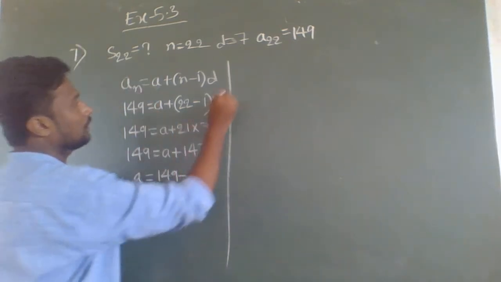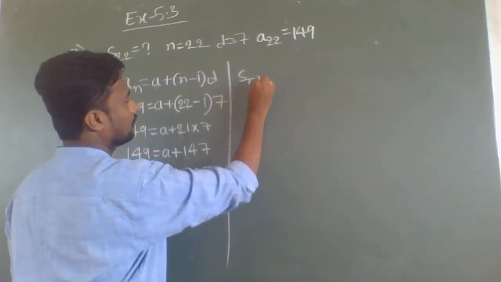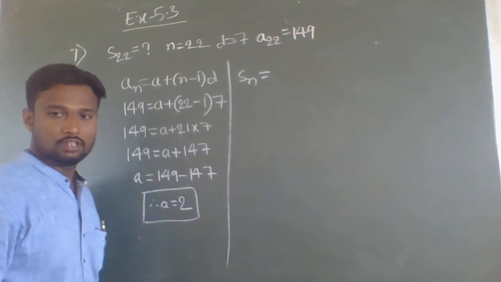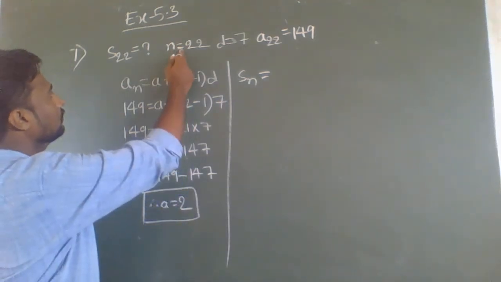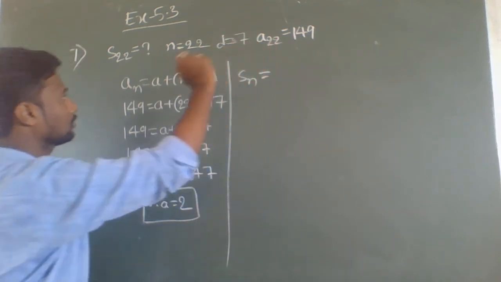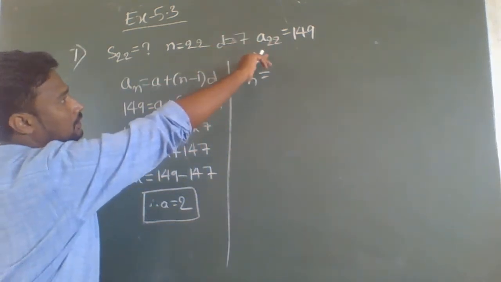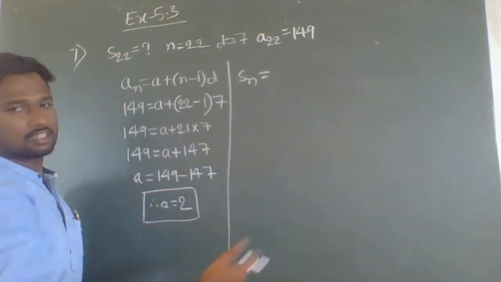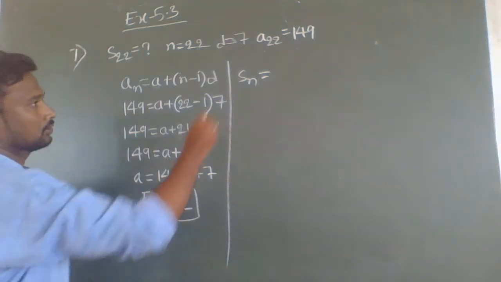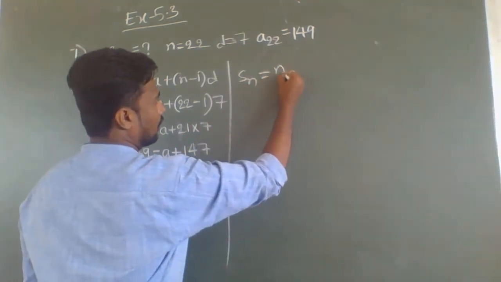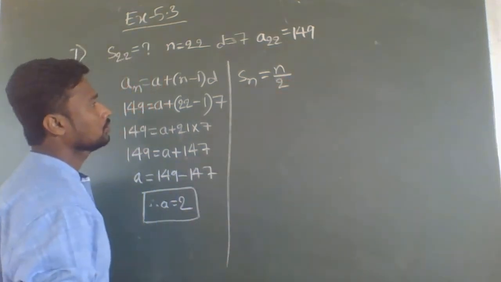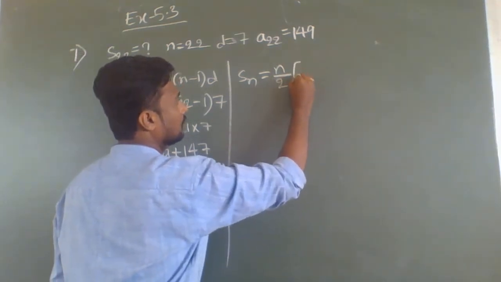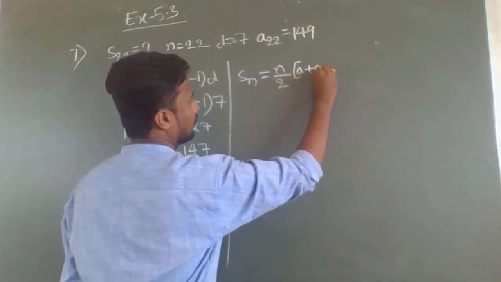So to calculate the Sn value, what formula can I use? Here I have the a value, the n value and the an value also, because I consider this a22 as the last term, the an value. So I write the formula Sn equals n by 2 into (a plus an).